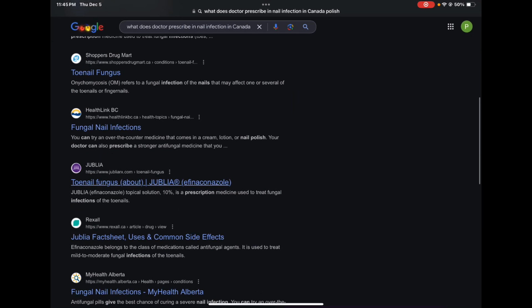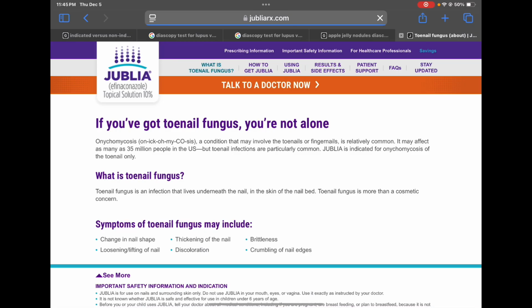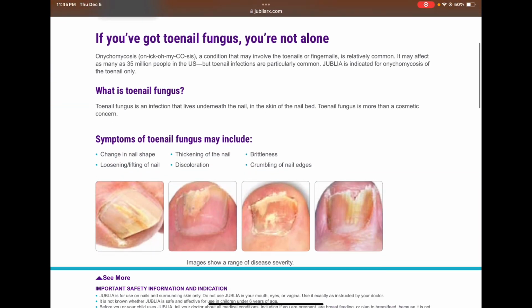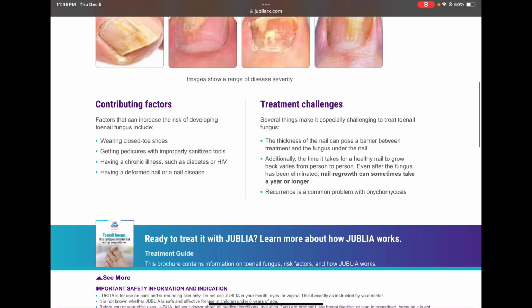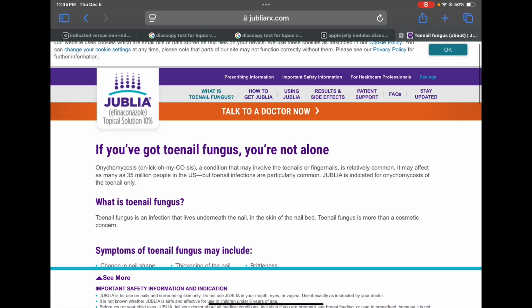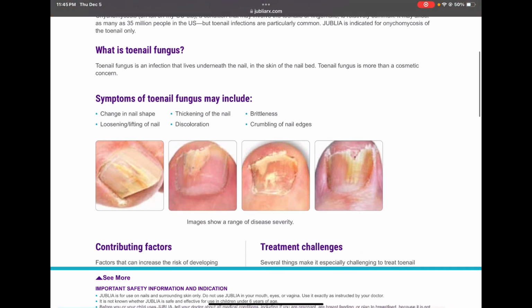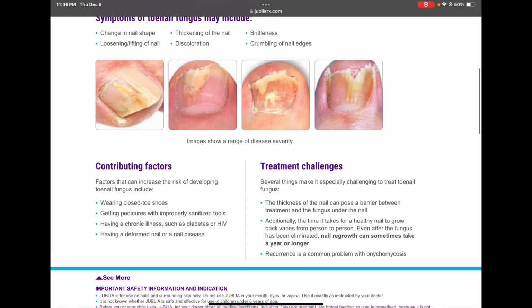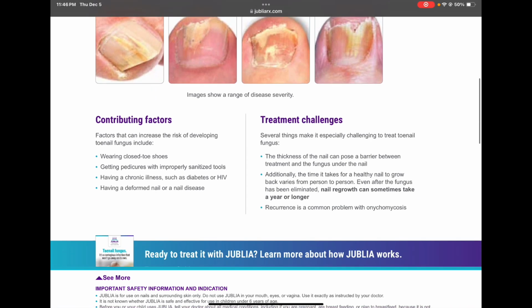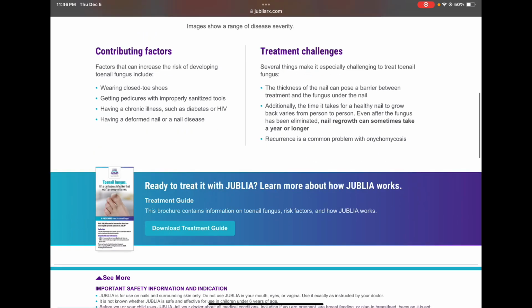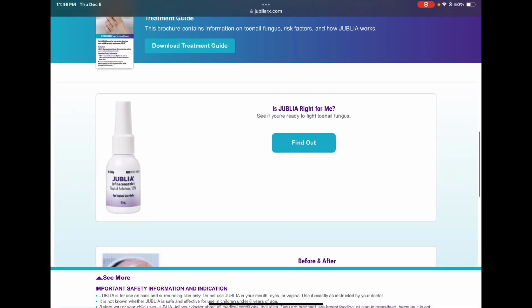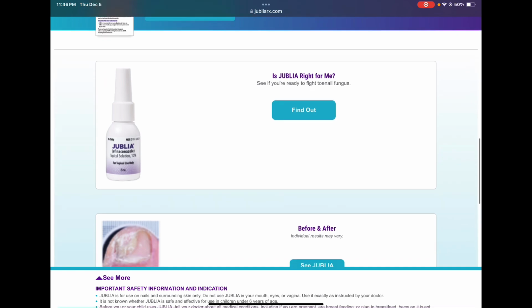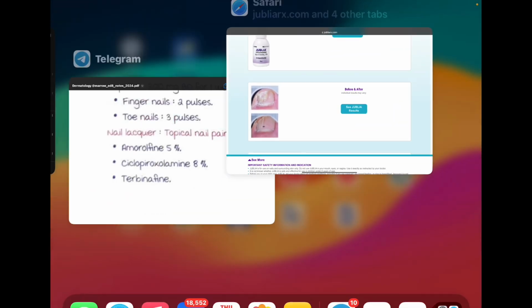It has efinaconazole 10% topical solution, for toenail fungus: change in shape, loosening, thickening, discoloration, brittleness, crumbling. Jublia, efinaconazole, is what is most commonly prescribed here in Canada, and it's actually not given in the list here.